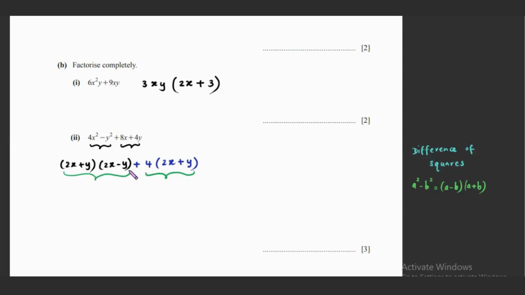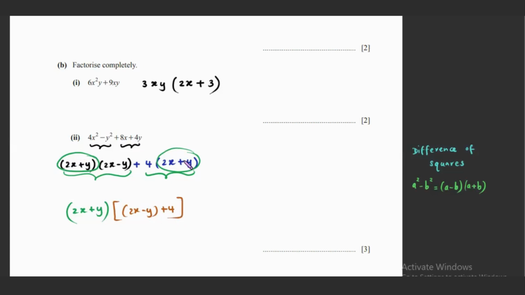In these two terms, they both have 2x plus y in common. So I'm going to take that common term outside again. So it's going to be 2x plus y. I'm going to put that in a separate bracket. And the terms that are left, which is this 2x minus y and this plus 4, should be written within another bracket.